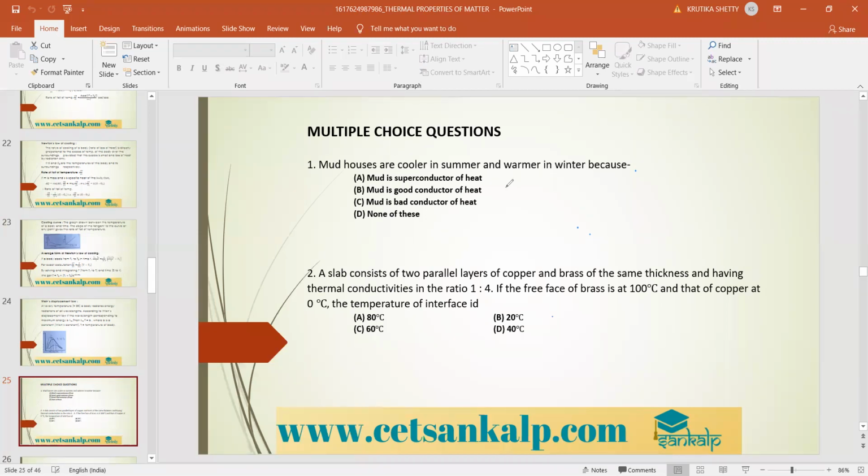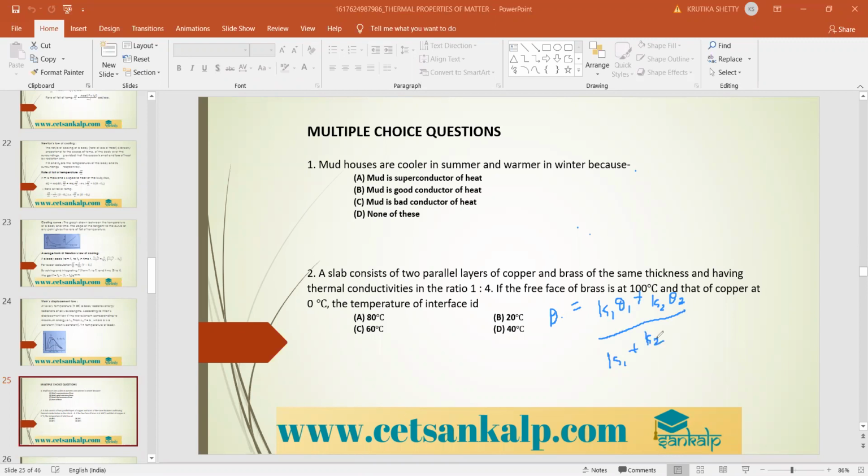Theta is equal to K1 theta 1 plus K2 theta 2, divided by K1 plus K2.